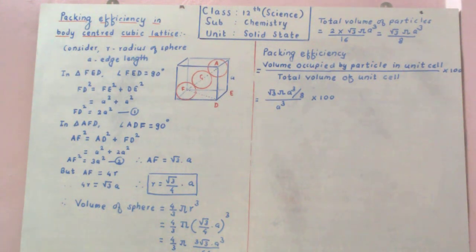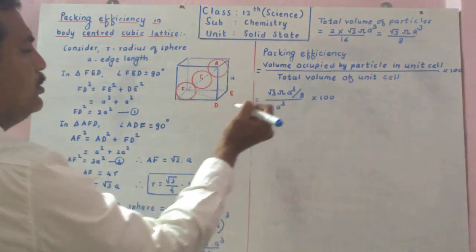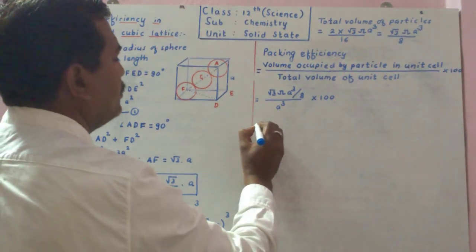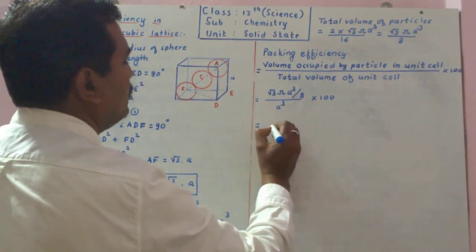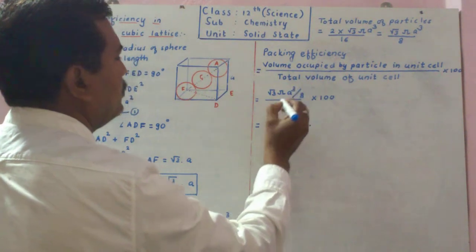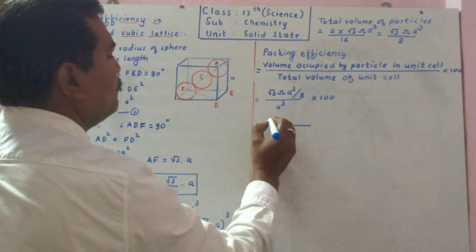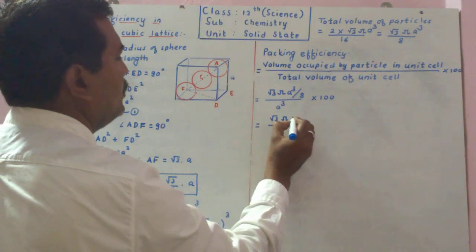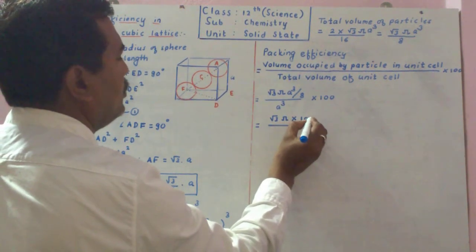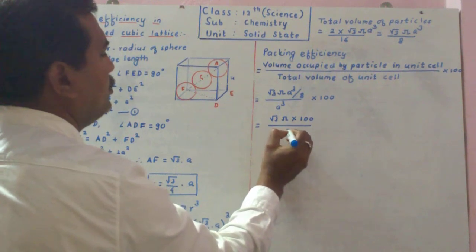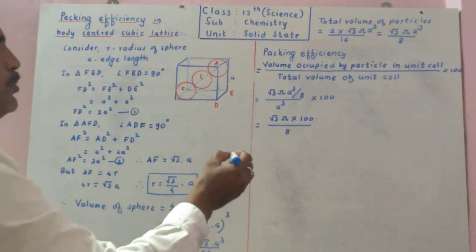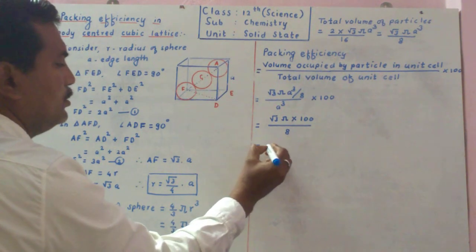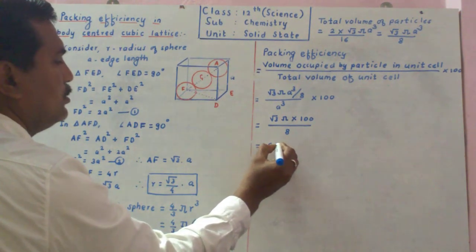After calculation, a cube will get cancelled. Then root 3 pi into 100 upon 8. So that will be approximately 68%.